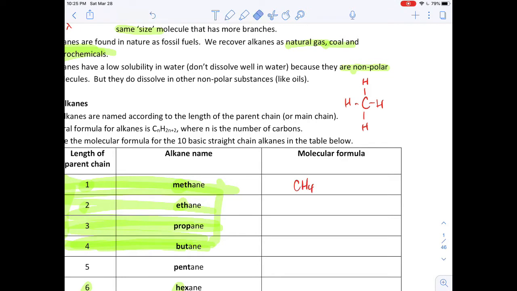Ethane has 2 carbons bonded together, with all the other bonding electrons forming single bonds to hydrogens, so it'd be C2H6. This shows a pattern for a saturated hydrocarbon, CnH2n+2. If n is 2, 2n is 4, plus 2 is 6, and that's how we come up with this number.